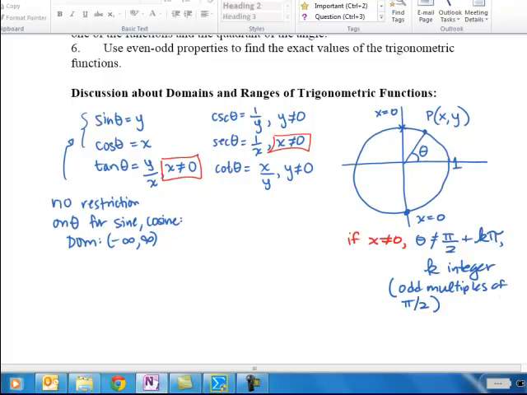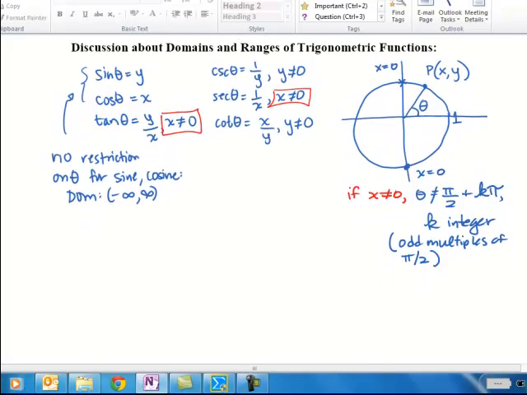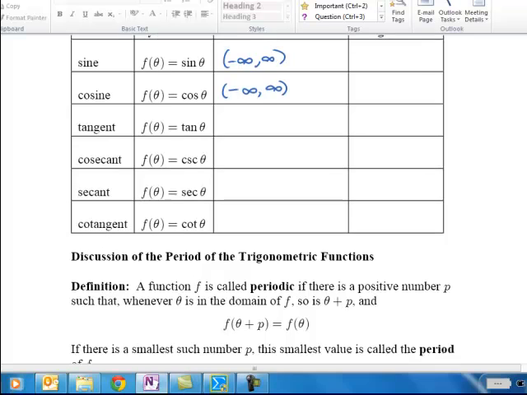So the domain for tangent and secant is everything except odd multiples of pi over 2, but anything else is fine. So we can write it either of these ways.